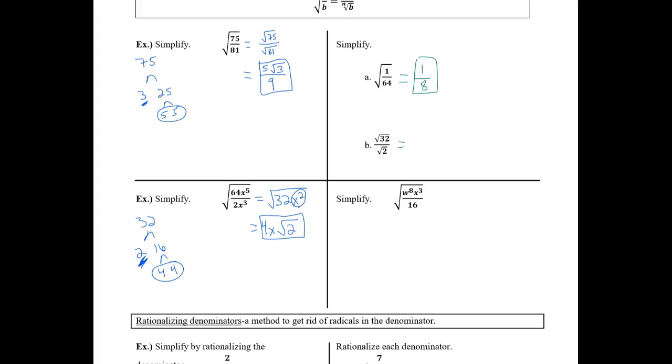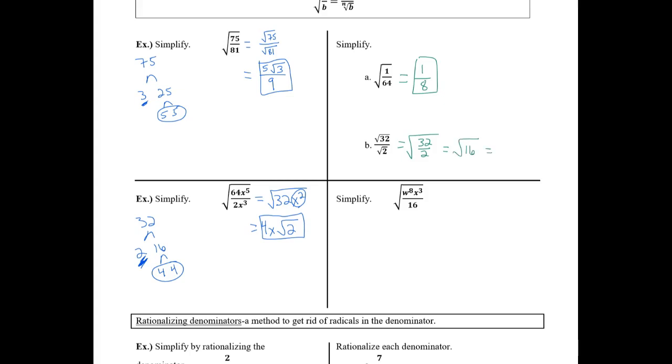Versus this next one, I have the square root of 32 divided by the square root of 2. They're both square roots. Neither one of them are perfect squares. So what I can do is bring it back together under one radical and simplify the fraction first. So 32 divided by 2 is actually 16.